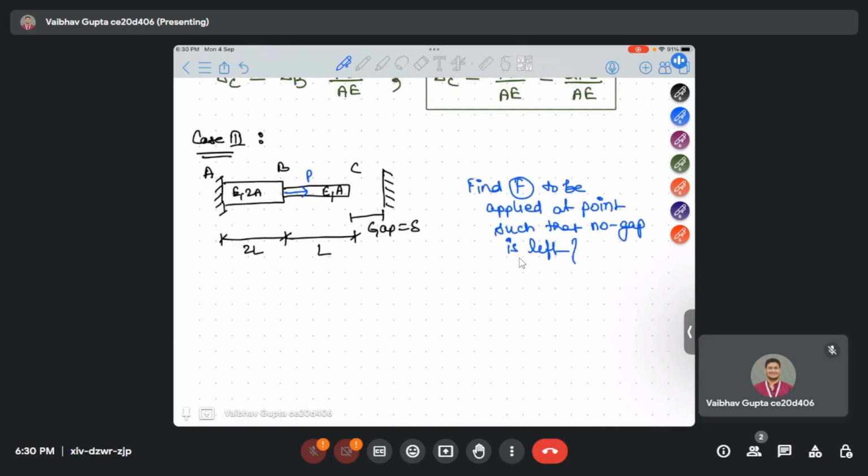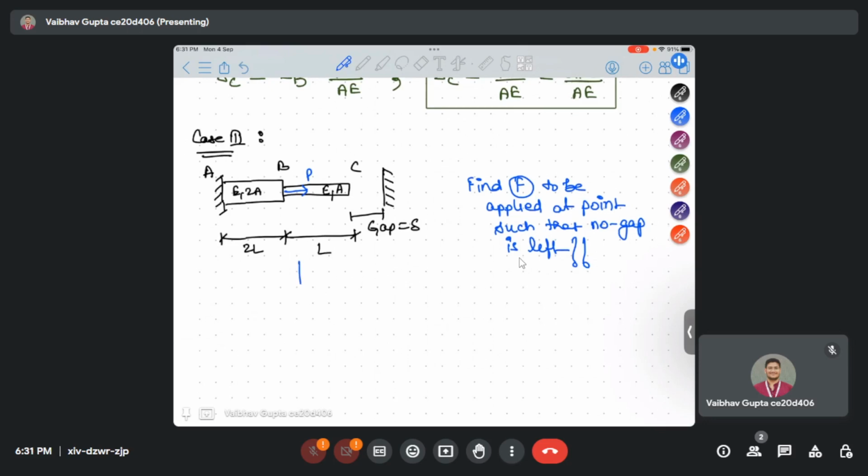What this question means is that we have to apply some force F at point C such that delta C will become delta gap. It should close the gap. So we assume that it closes the gap.